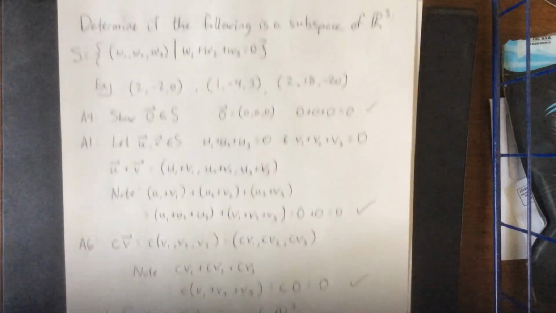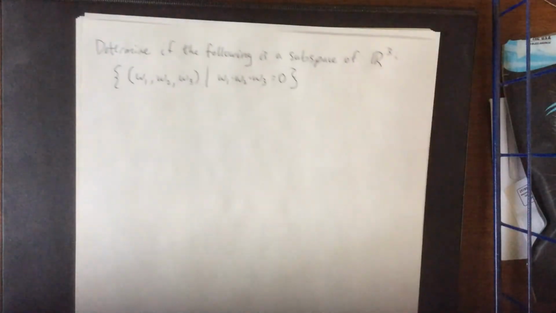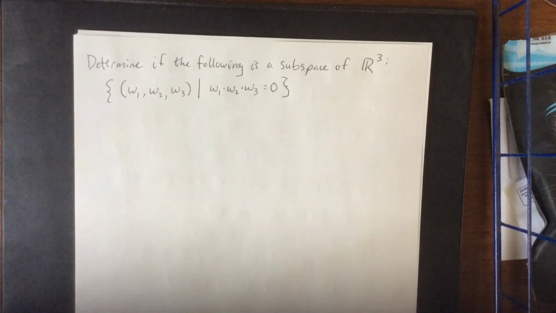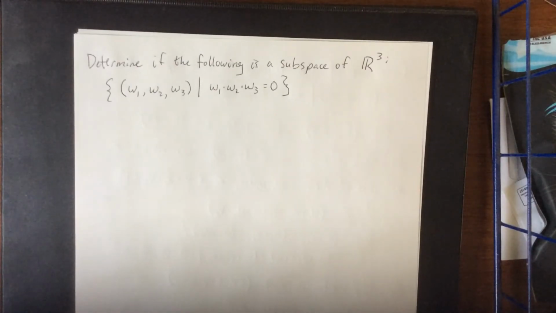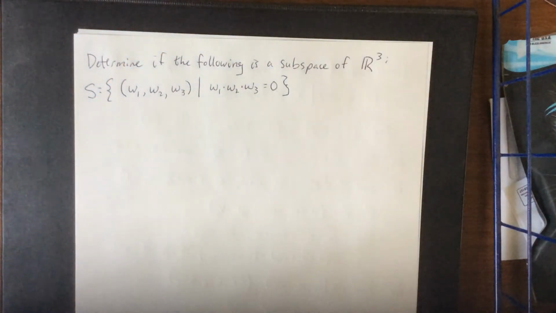Now, I do want to have us try out one more. And the one more that I want to have us try out is to determine if the following is a subspace of R3. And this will be the set of all vectors. We'll say S equals the set of all vectors W1, W2, W3 such that the product of all three components is equal to 0.